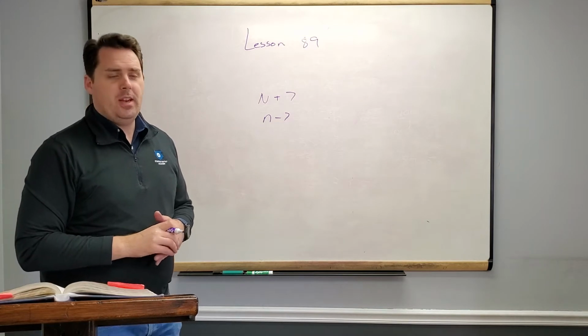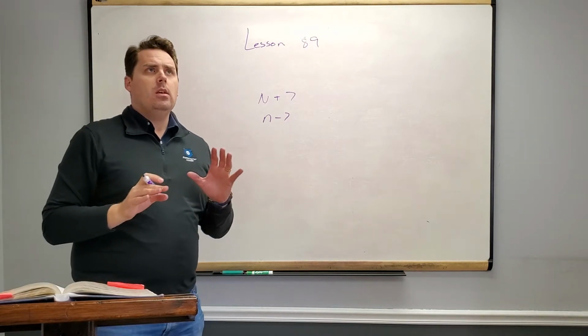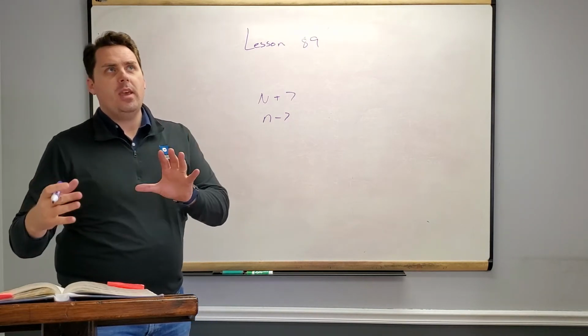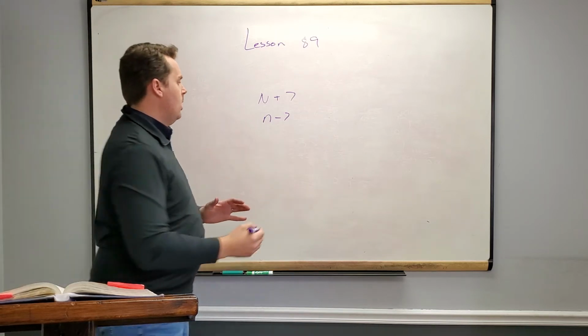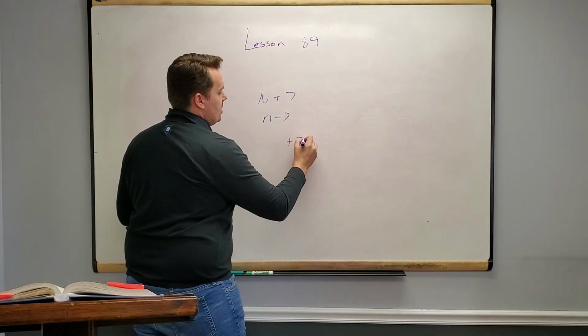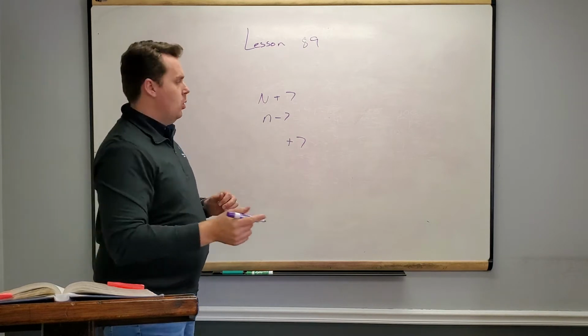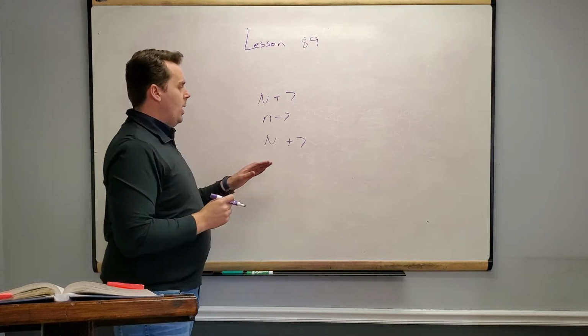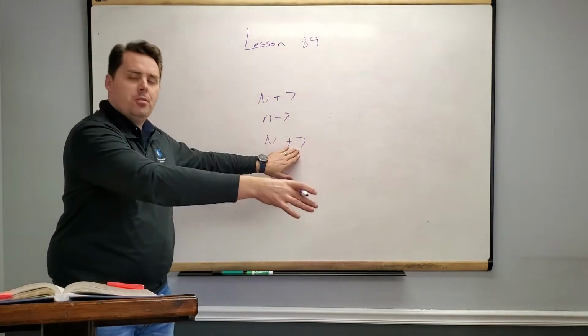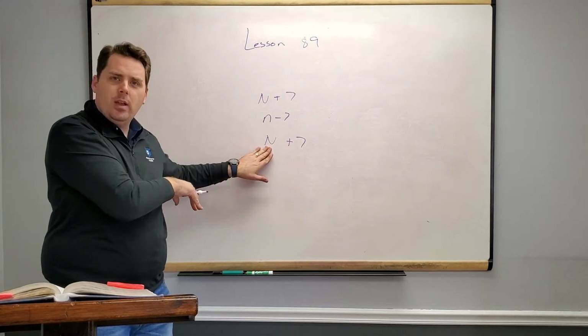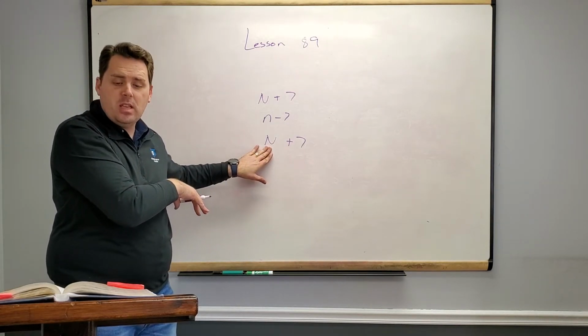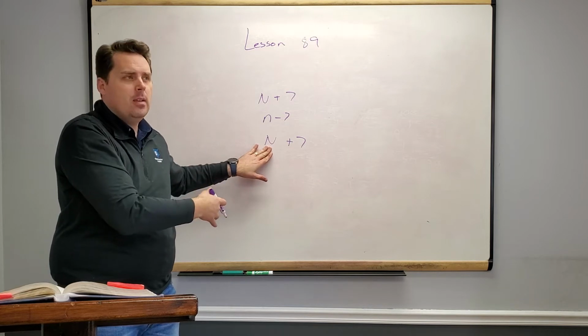7 greater than a number. Whenever you see 7 greater than or 7 less than, I'm going to start off to the right and say 7 greater than what? Well, a number, okay? So I put the 7 greater further to the right. I put the N right here. So it starts off by saying 7 greater than. You want to write that on the left.